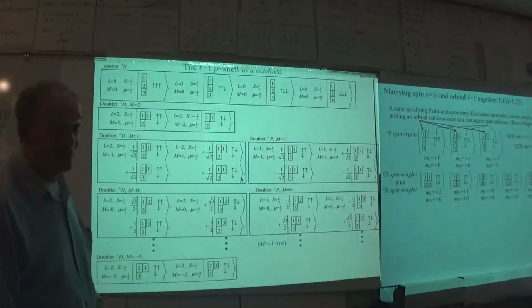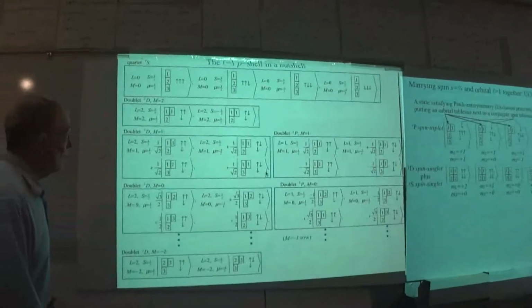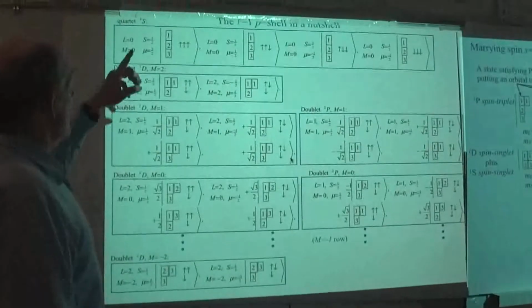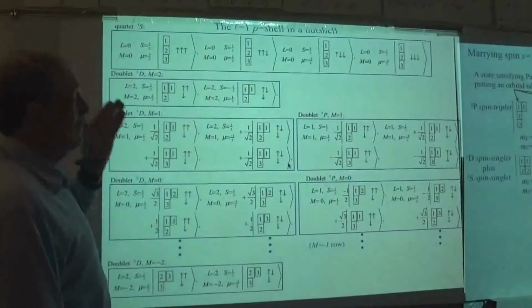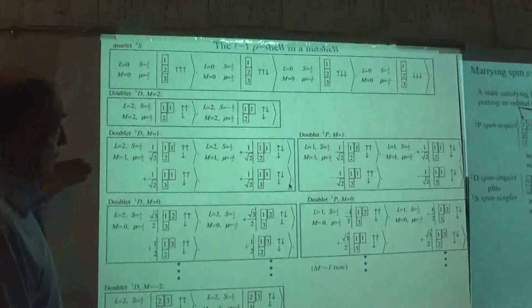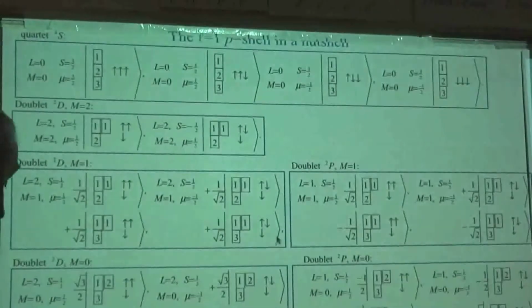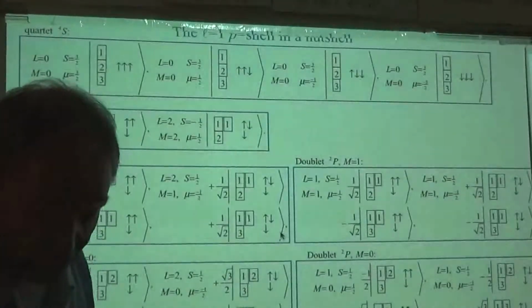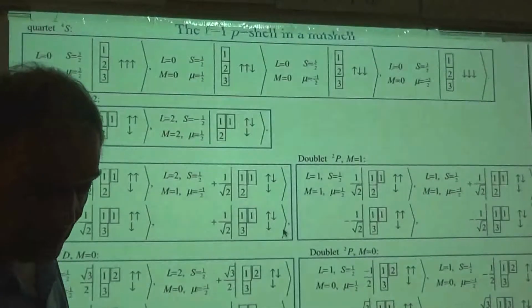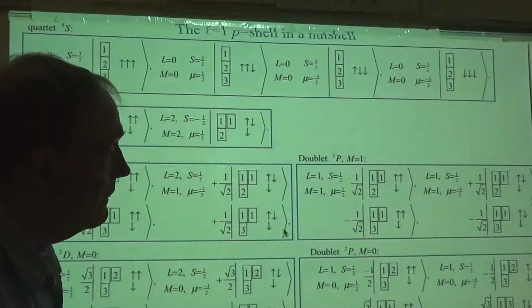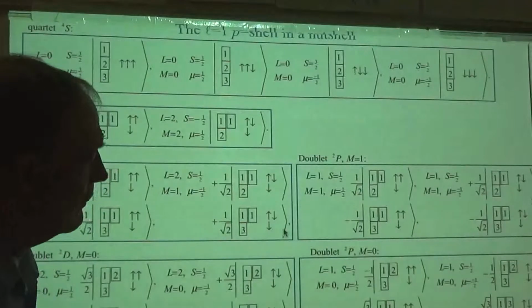There it is. Okay. We start off at the top here with the very lowest state of the triple P, the P to the third power. And let me bring the other computer up to speed here so that we can look at the whole thing.